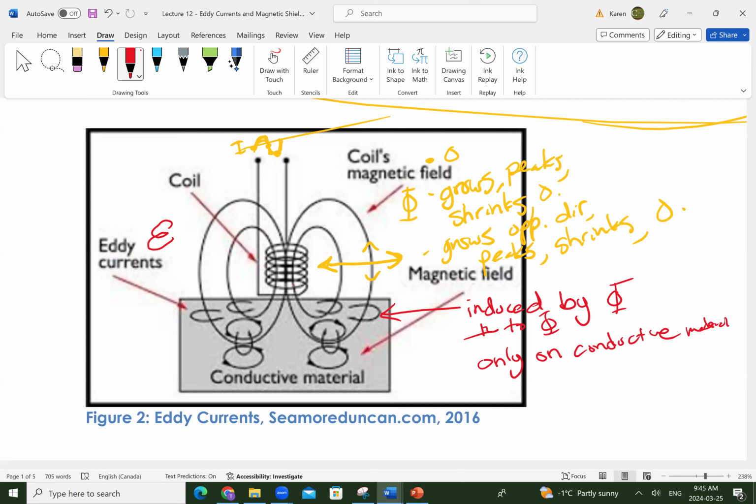So it's very important to know that. True or false, are there eddy currents up here? True or false, are there eddy currents here? True or false, are there eddy currents here? There are not eddy currents here. It's in free space.